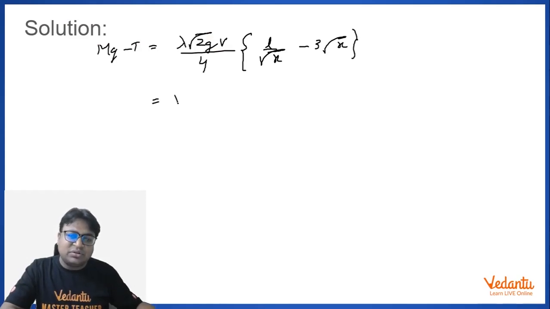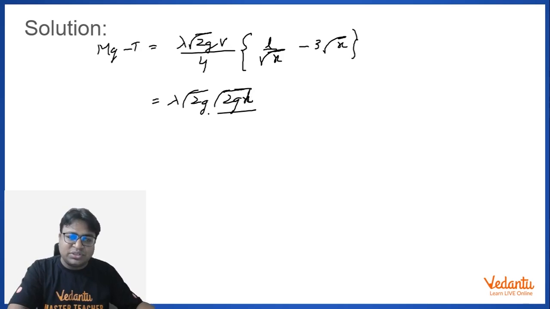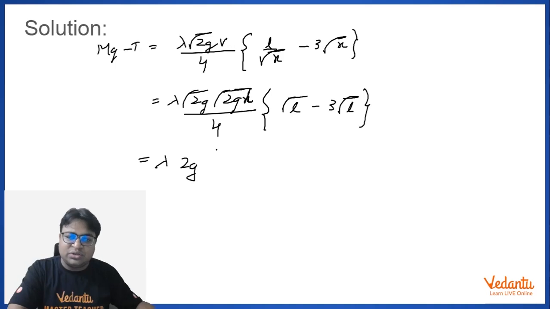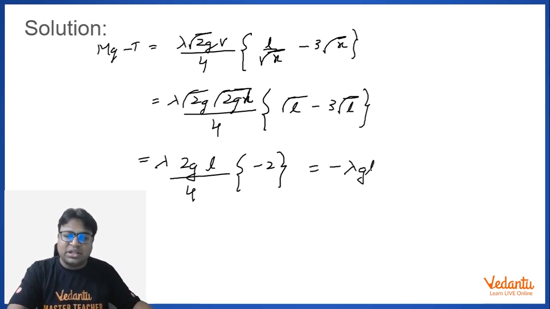All right, so lambda root 2g into root 2gx, which will turn to L. So root 2gL by 4 into L by root L is root L minus 3 root L. So we are now left with lambda into 2g into root L. Root L and 1 root L will come out also, so it will become L by 4, and here it is minus 2. All right, so we are left with minus lambda GL.